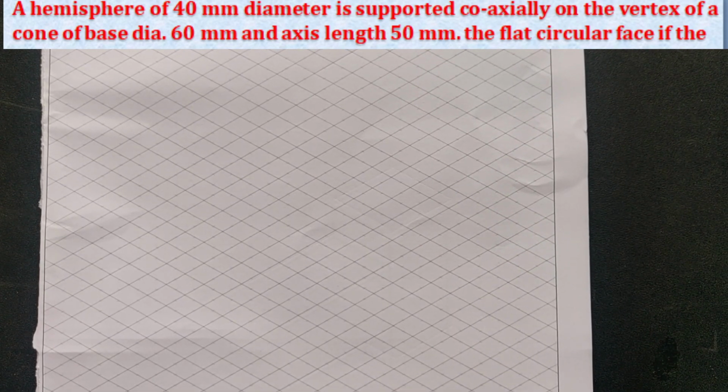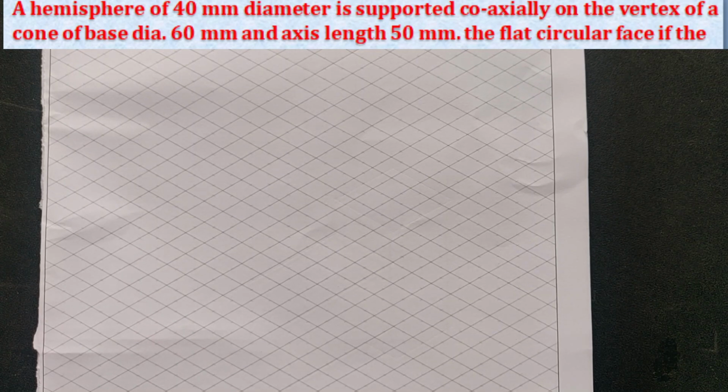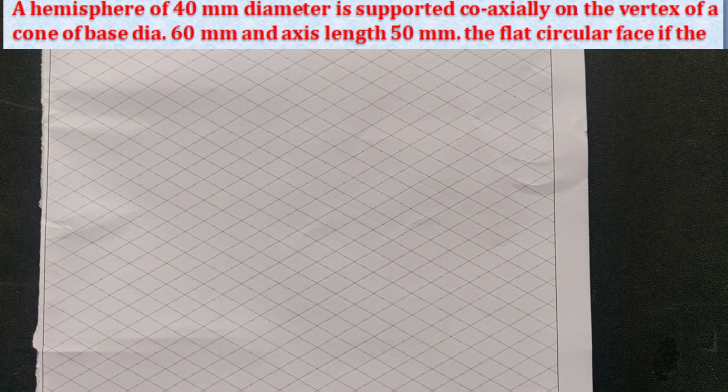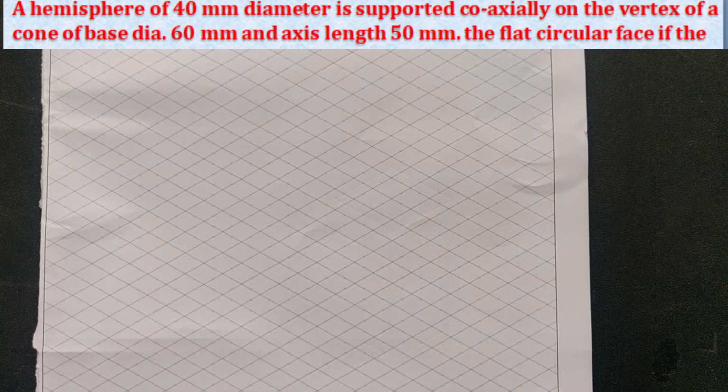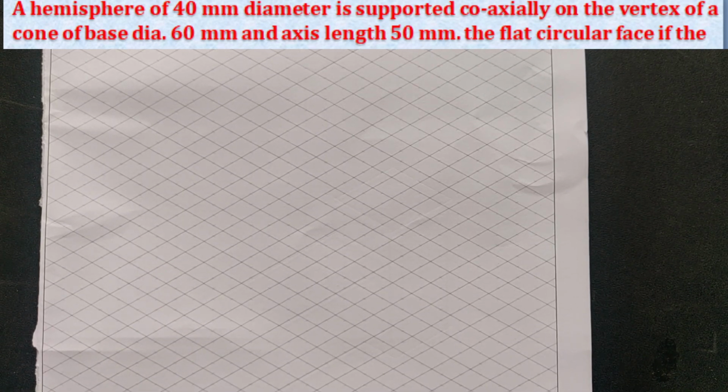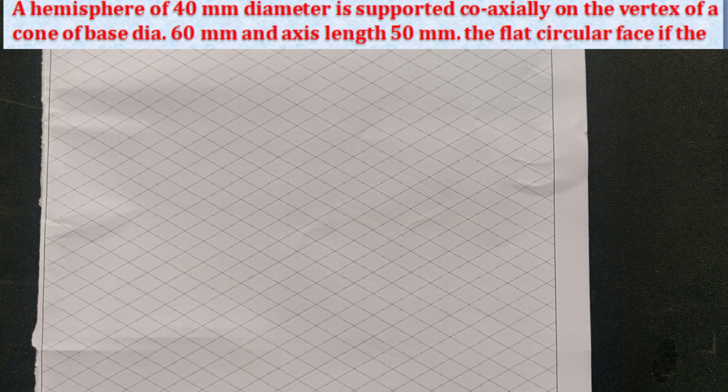A hemisphere of 40 mm diameter is supported coaxially on the vertex of a cone of base diameter 60 mm and axis length 50 mm. The flat circular face of the hemisphere is facing upside. Draw the isometric projection of the combination of solids. So what are the two solids here?